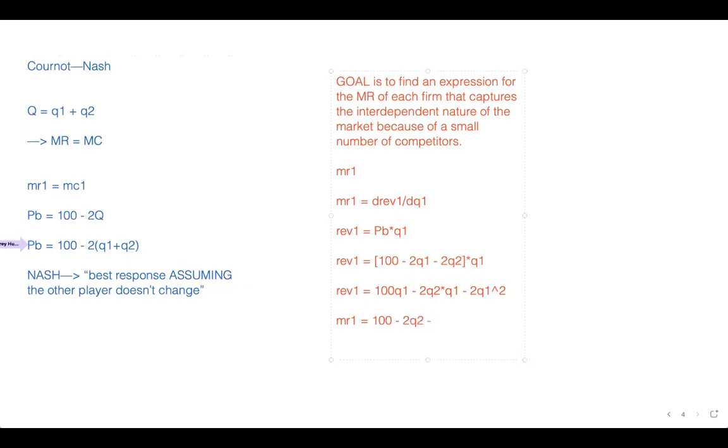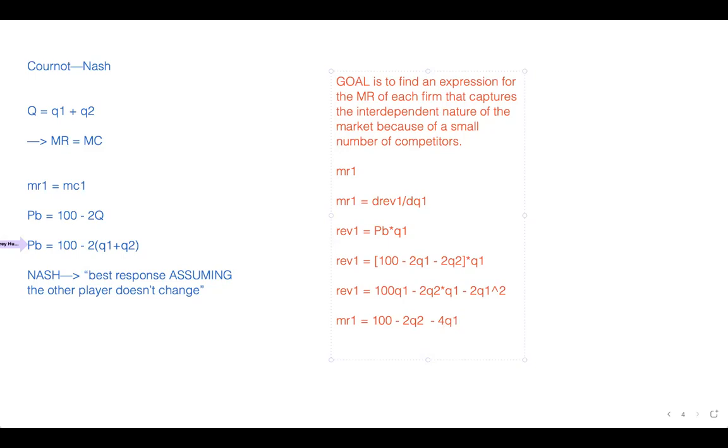And then if you remember the power rule from, did you have calculus already, Wombly? Yeah. Okay, then the power rule is I take the exponent and multiply it by the coefficient and then drop the power of the exponent by 1. So I'm going to have minus 4 Q1. Oh, double negative there.